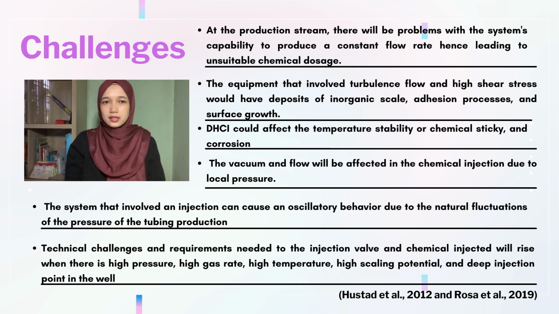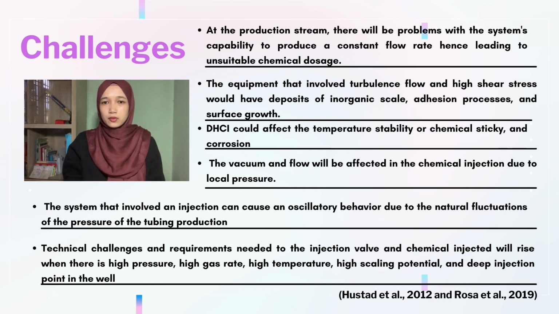For the challenges, at the production stream, there will be problems with the system's capability to produce a constant flow rate, hence leading to unsuitable chemical dosage. Next, equipment that involves turbulence, flow, and high shear stress, such as submersible pumps and valves, would have deposits of inorganic scale, adhesion processes, and surface growth. Downhole continuous injection could affect temperature stability, chemical stickiness, and also cause corrosion.